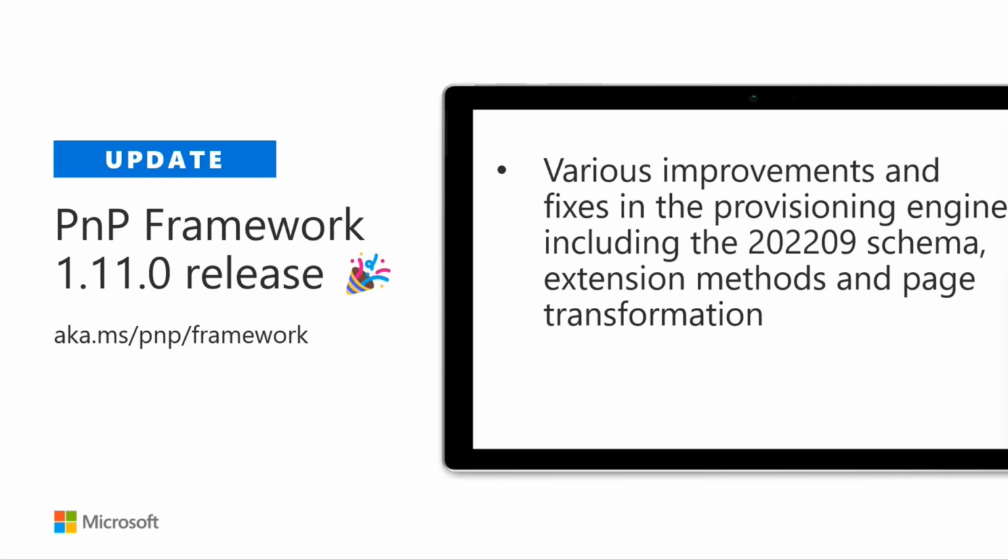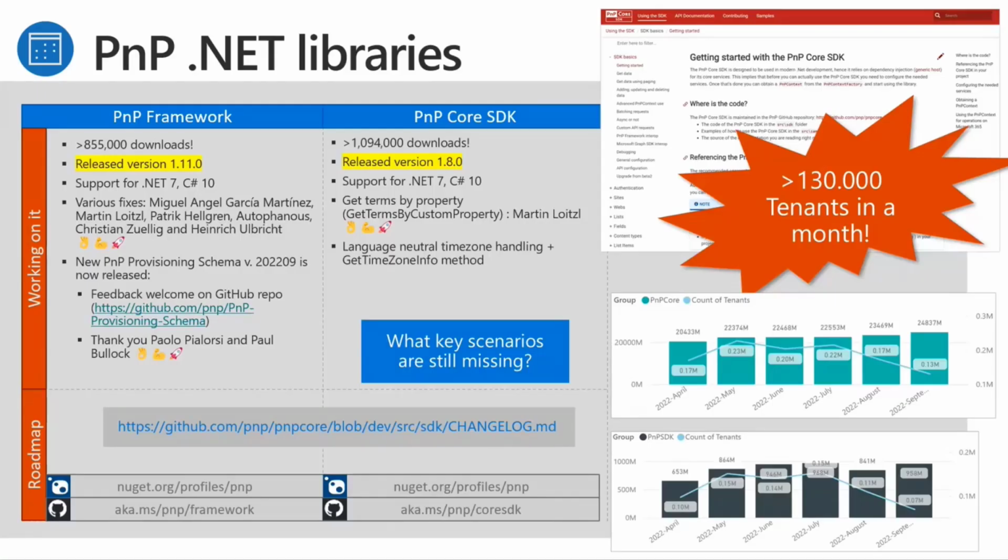The September 2022 schema containing new features for you to use in your provisioning scenarios. We already covered the new releases, 1.11 for Framework, 1.8 for Core SDK. One other thing there is also it's C# 10 now. So if you are contributing writing code in one of those libraries, we flipped from C# 8 to 10, so you can use a bit more fancy C#.